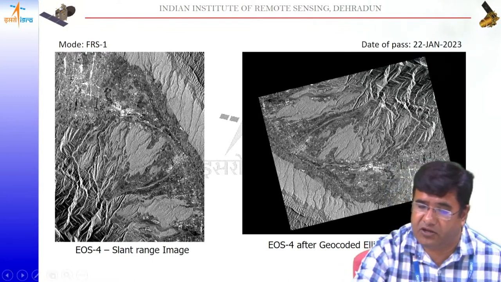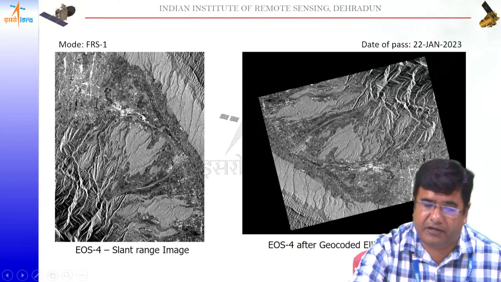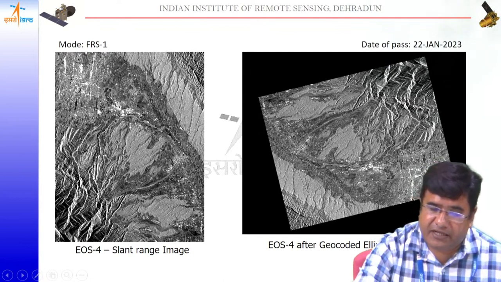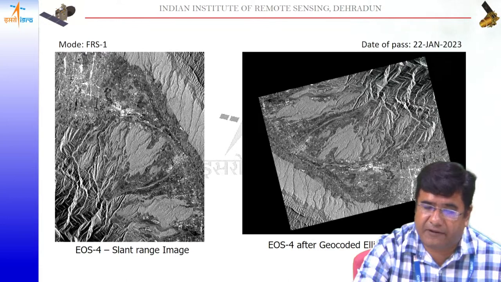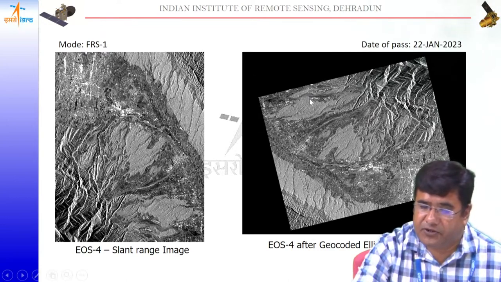So our image is also inclined due to the inclination of the orbit. This is the actual L1 data which is in the sensor geometry, in range and azimuth, but with the help of the SAR geolocation and ellipsoid correction using the average height, we have converted this slant range to the geocoded ellipsoid corrected product.